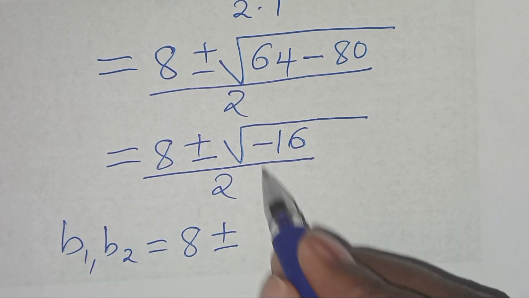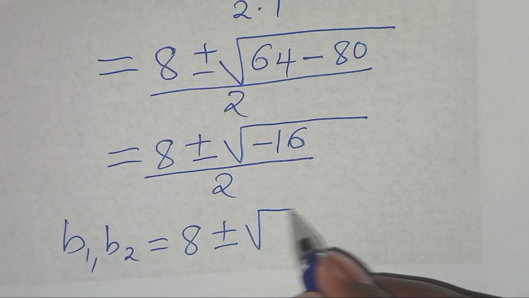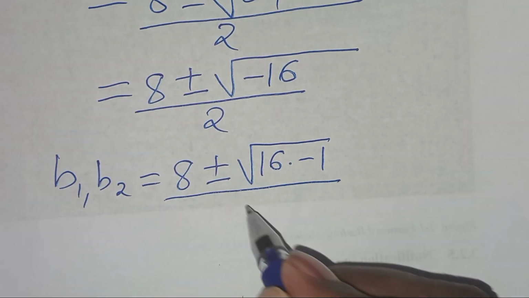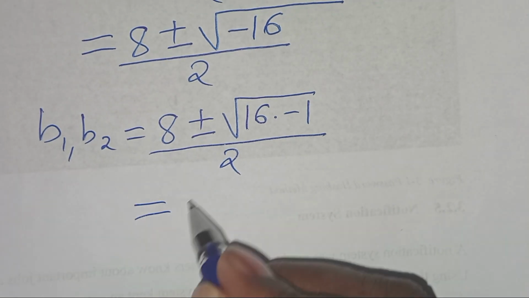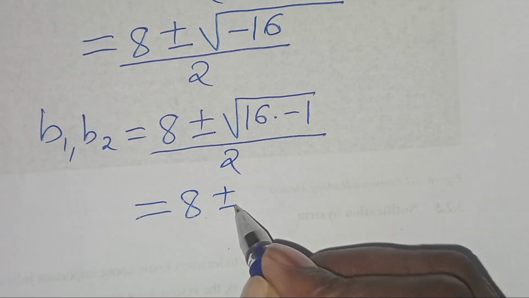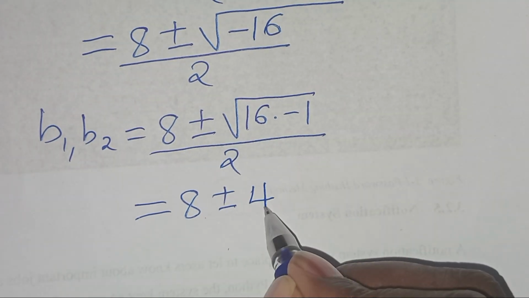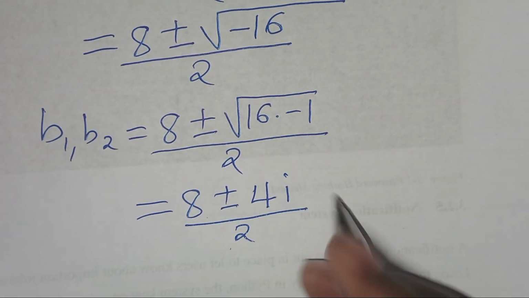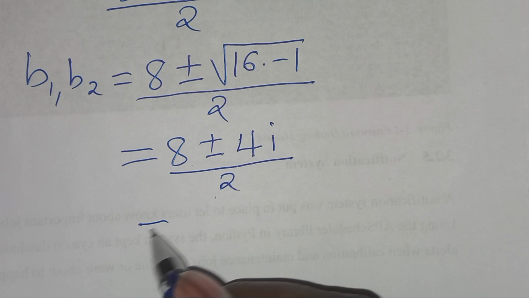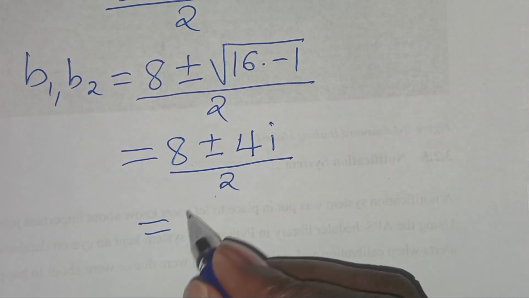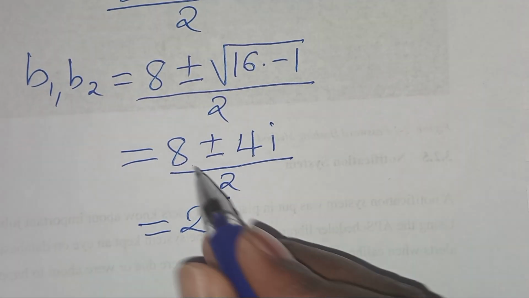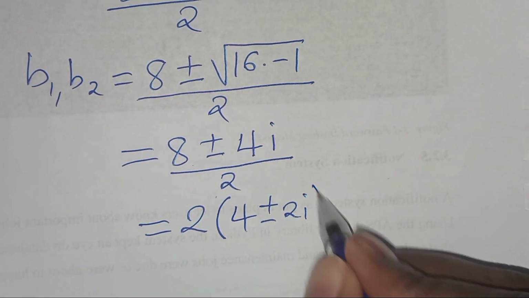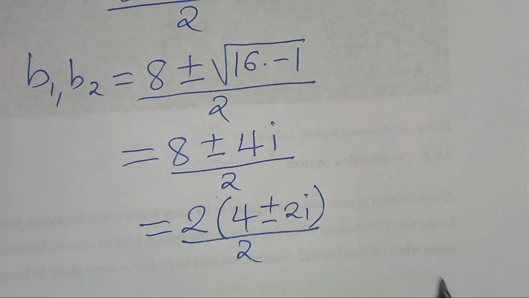So here we have that b1, b2 is equal to 8 plus or minus the square root of -16. We can express the square root of -16 as the square root of 16 times -1, all divided by 2. So here we have 8 plus or minus the square root of 16, this is 4, the square root of -1, this is i, all divided by 2. We can factor out 2, so we'll have 2 times (4 plus or minus 2i), all divided by 2.